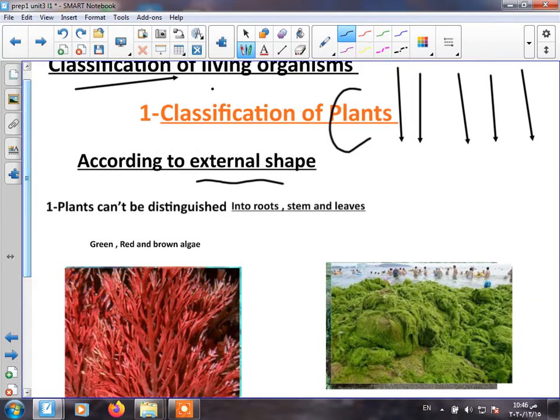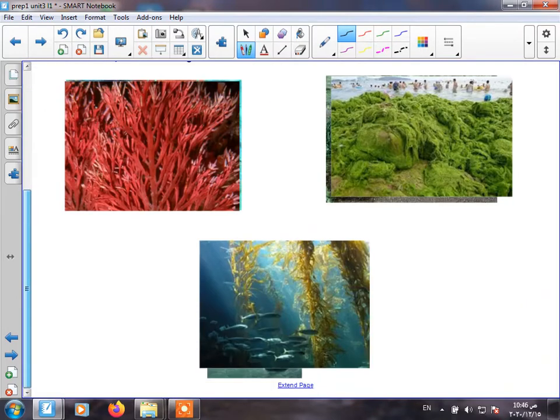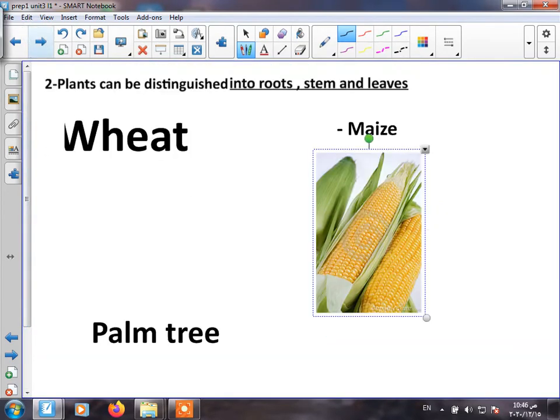Plants are classified, and pay close attention to what I am saying: classified. There is a big difference between diversity in plants and the classification of plants. Diversity in plants, as we said before, is according to the size of the plant and the size of its leaves, while the classification of plants is according to the external shape of the plant and according to the way of reproduction.